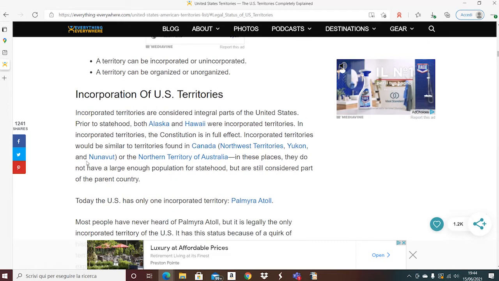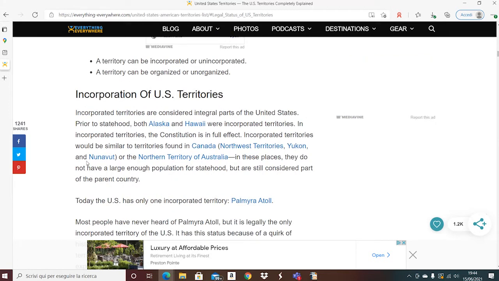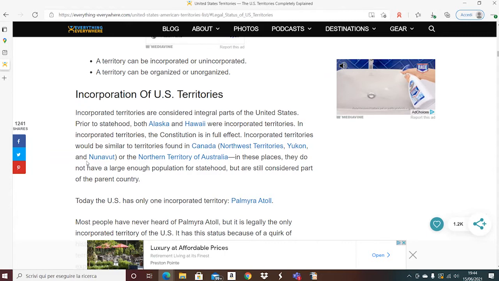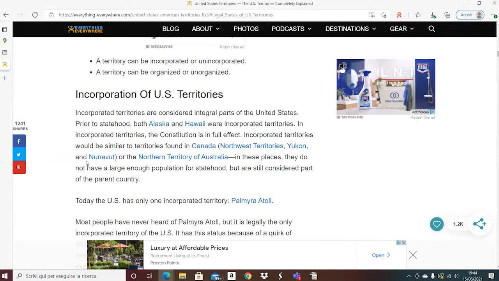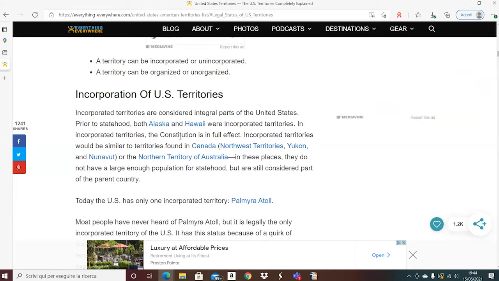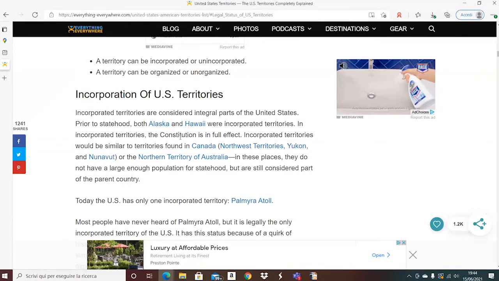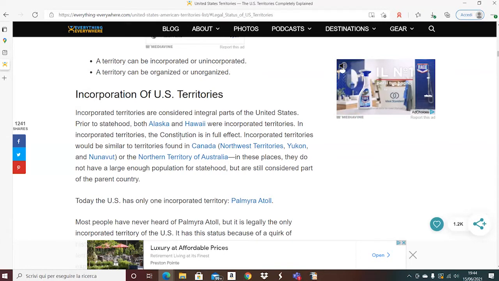Incorporated territories are considered integral parts of the US. Prior to statehood, both Alaska and Hawaii were incorporated territories. So they are not part of mainland US, but they are American territories, just like Alaska and Hawaii used to be before.